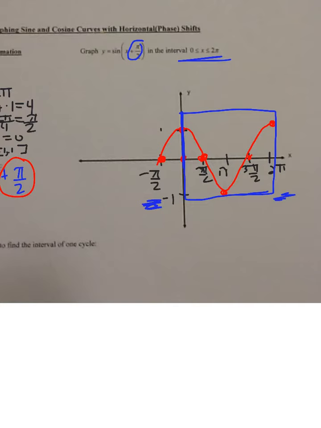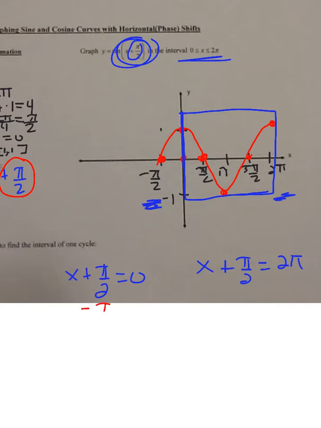So the easiest thing to do is you take what's inside the parentheses here. What's inside the parentheses is x plus pi over 2. You set it equal to 0, and x plus pi over 2, you set it equal to 2 pi, and you solve for x. This will give you the interval where you see one complete cycle.